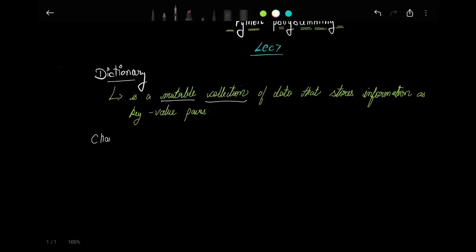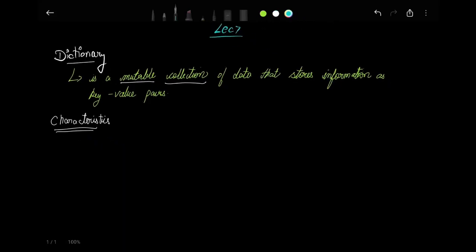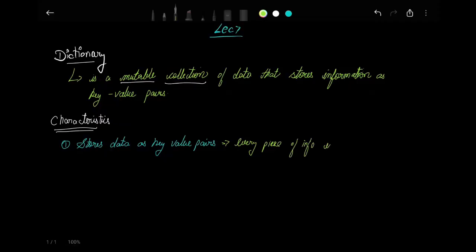Now we will quickly look at the characteristics of a dictionary. The very first characteristic of a dictionary is that it stores data as key value pairs, which means every piece of information is associated with a key.